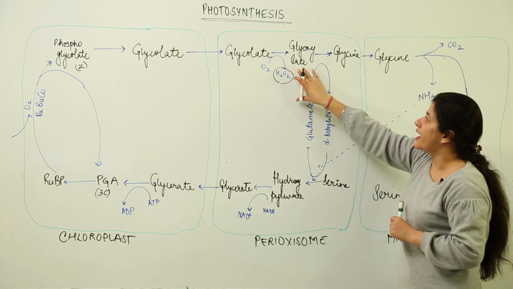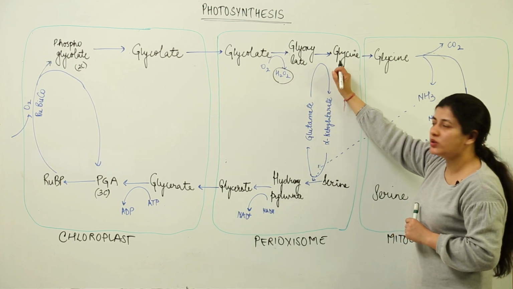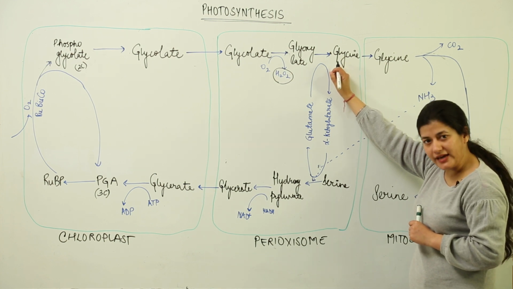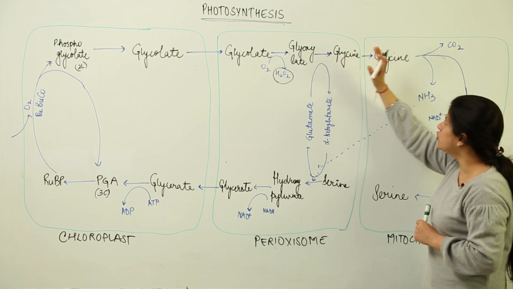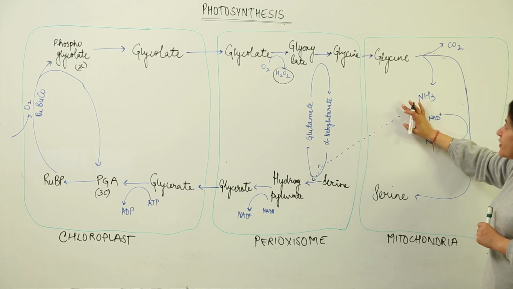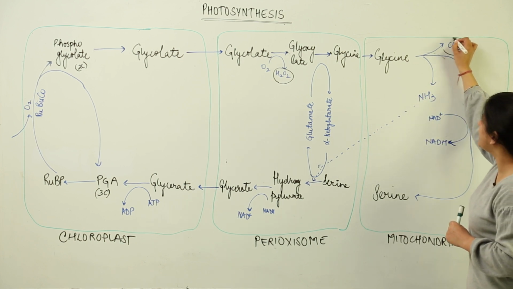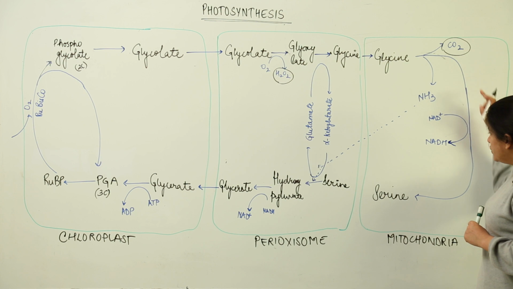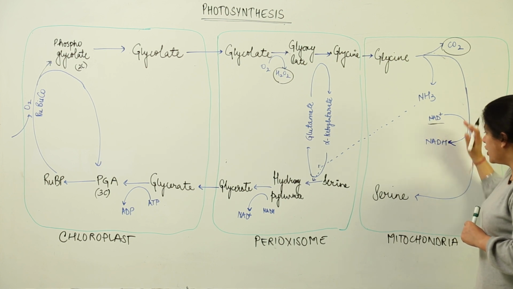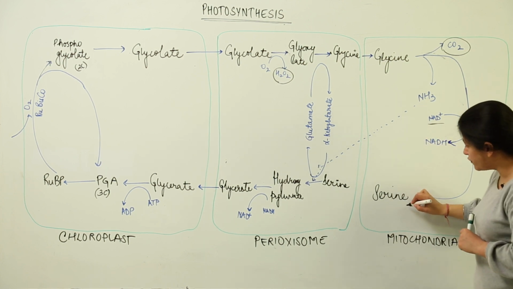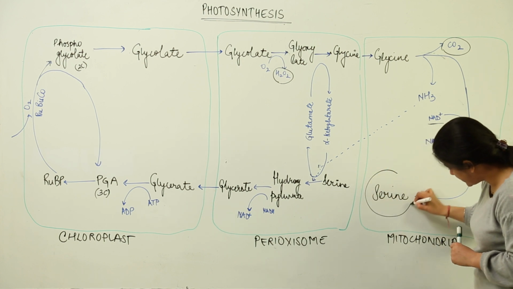Alright, when this glyoxylate is converted to glycine, the process is of deamination. This glycine moves to mitochondria, where it loses one carbon dioxide and uses NAD positive, forming NADH, leading to formation of serine. This is an amino acid.